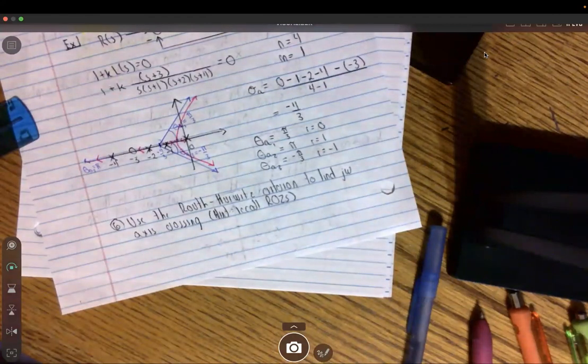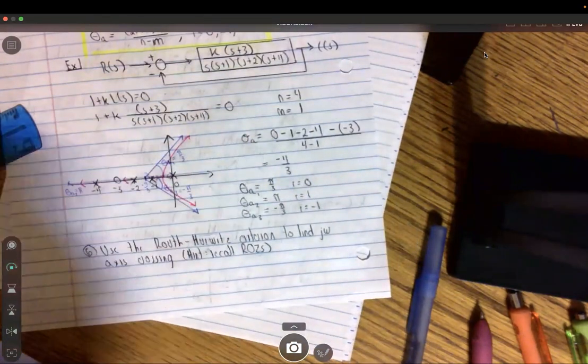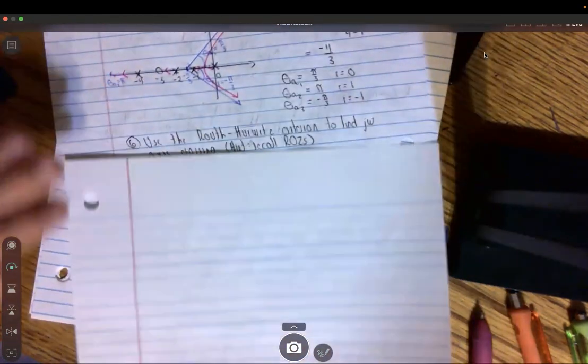Okay, so within this, basically what we're going to look at here is, say that we're given that same one we had before. So we have this same exact type of system for an example. And within this example, we're going to have to make the Routh-Hurwitz table.